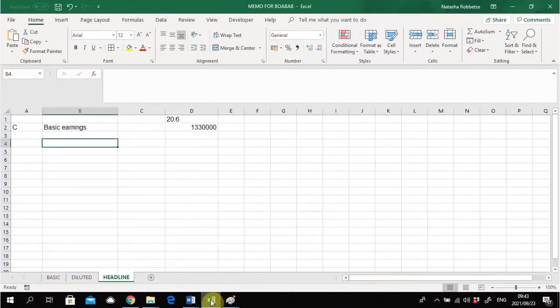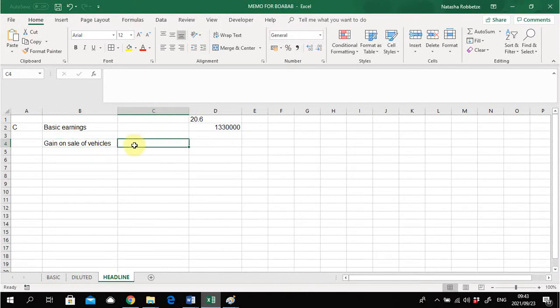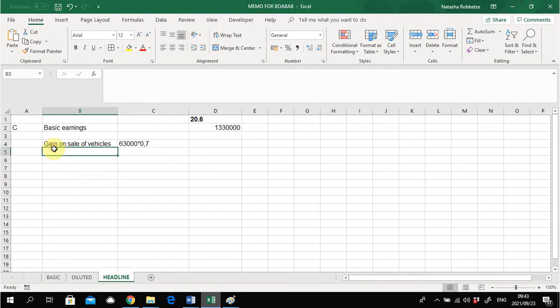So in adapting or doing the headline earnings, we're going to say there's a gain on sale of vehicles. And there it will be the 63,000 times 70%. So I'm just going to type everything, and then we will get to the totals in this column.